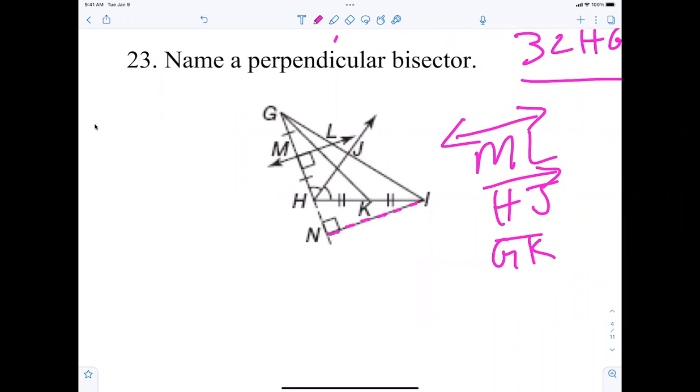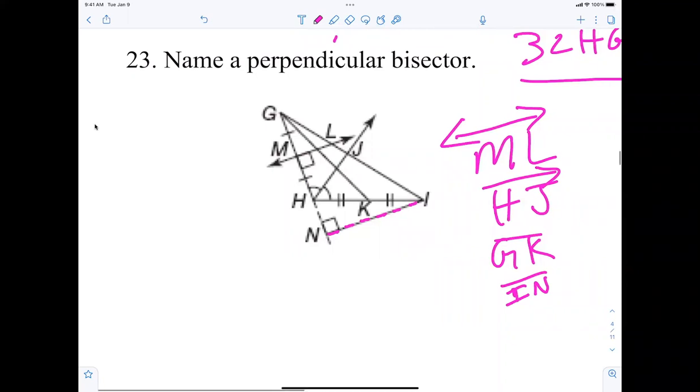That might be better. Does everybody see IN would be an altitude? Oh, I didn't even see that. Yeah. IN would be an altitude, right? Because it's the segment that's perpendicular to the opposite side.